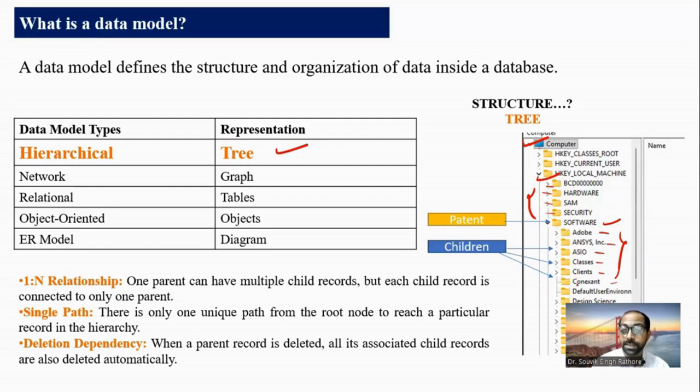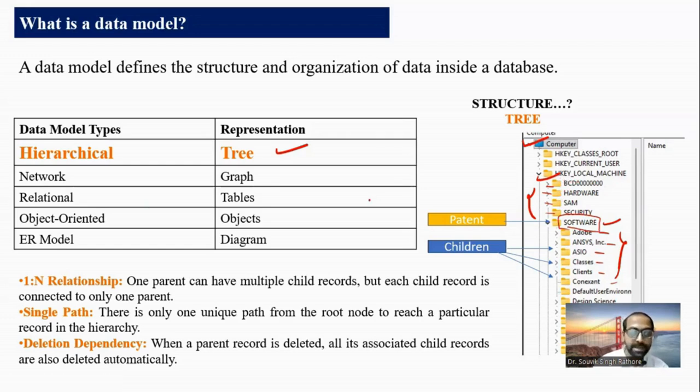So here you see the clients or the classes or the ASIO, ANSYS or Adobe. These are the children. They have only one parent, that is software. Similarly, the security or the SAM, hardware, right? These things are the children which have a common parent called HKEY_LOCAL_MACHINE.